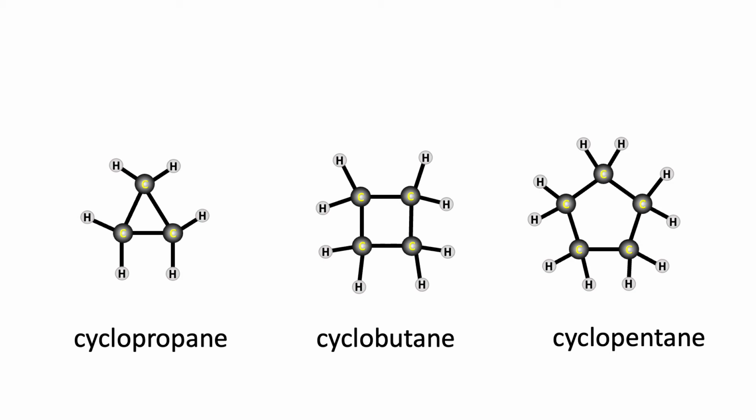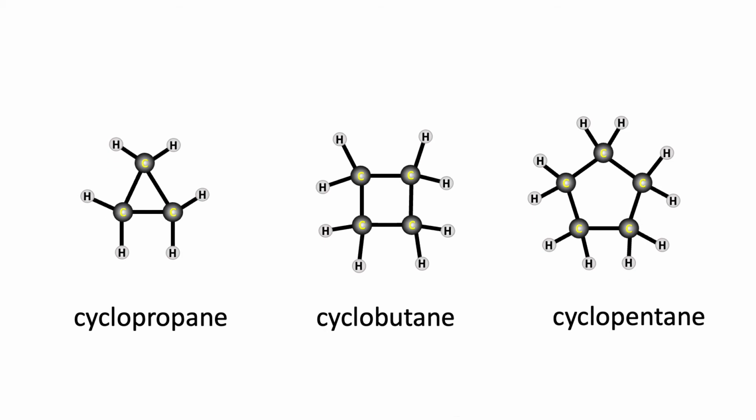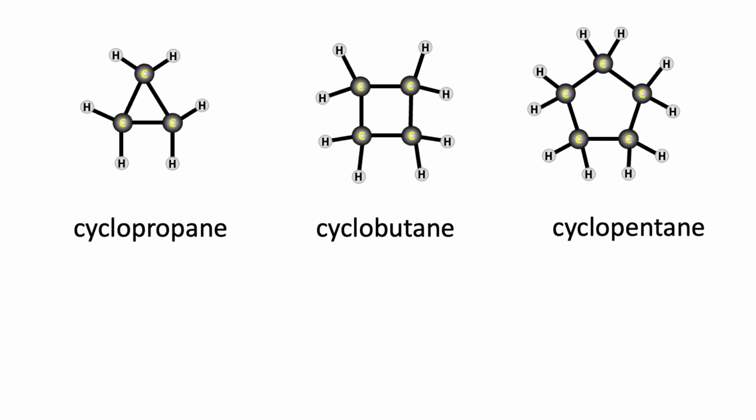Let's look at what the formulae for the cycloalkanes are. No matter the size of the molecule, each carbon atom has 2 hydrogen atoms attached to it. So cyclopropane has 3 carbon atoms. Each carbon atom has 2 hydrogen atoms, that's 6 in total, so the formula is C3H6. Cyclobutane has 4 carbon atoms.